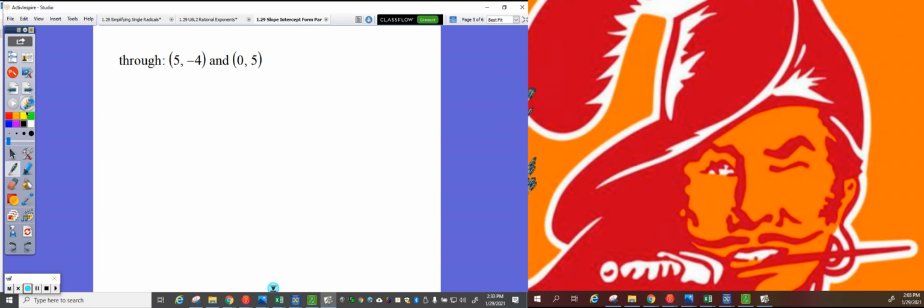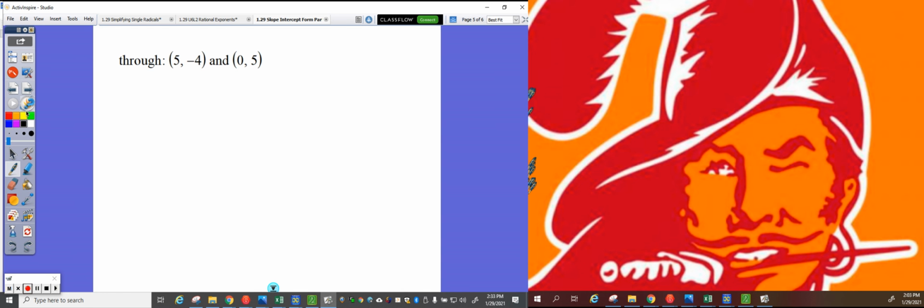What's our x if we're using the second point? 0. And what's our y? 5. So what's this times this? 0, okay? So that will cross out. b equals 5, okay?